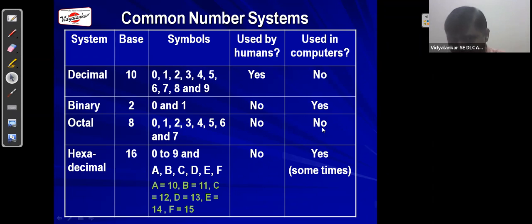Still we will refer to them because it's an old system. Old is gold, so we will refer to it. And the hexadecimal number system is also used, typically in microprocessors. Okay, so time to go and explore. Here we go.